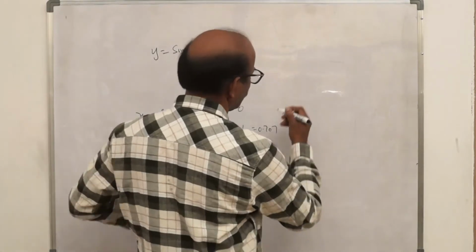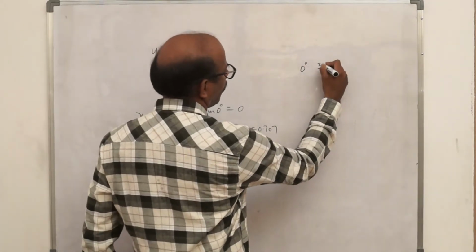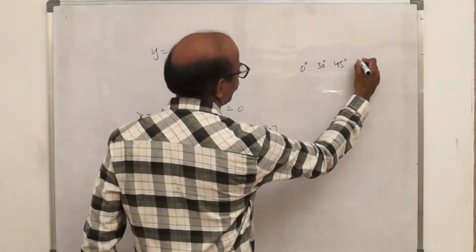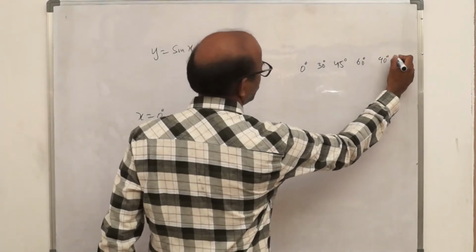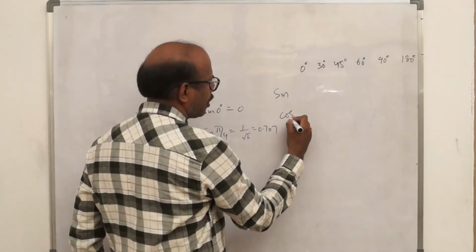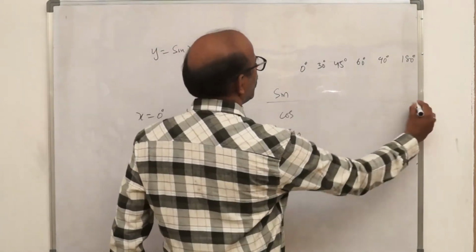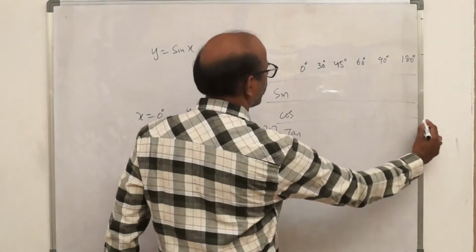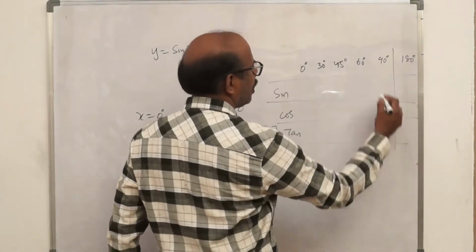Now, before that, I am going to discuss the standard values of various standard angles involved in the first chapter, trigonometric ratios. You know very well the standard angles 0, 30, 45, 60, 90, 180, and sin, cos, tan like this, and cosec, secant and cot are the reciprocals of the remaining.